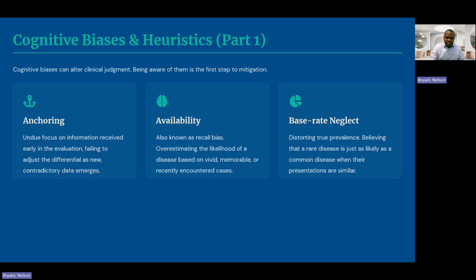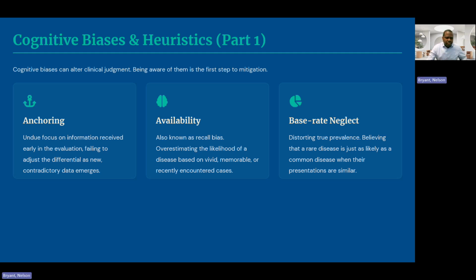Another one is availability bias, which happens when we overestimate a disease likelihood based on recent, vivid, or memorable cases that we have been treating. Another one is base rate neglect, which occurs when we ignore, for example, the actual statistical prevalence of a disease.